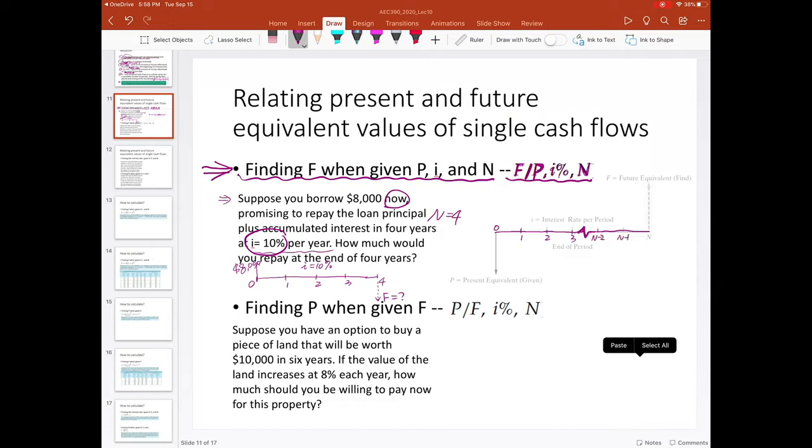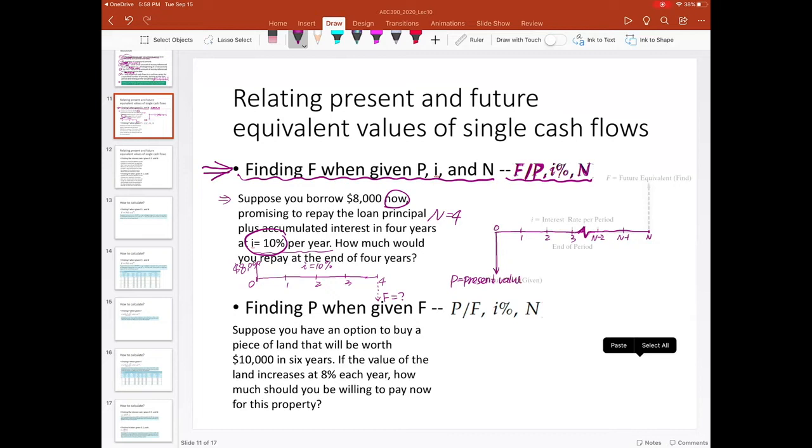And then you hit n minus 2, n minus 1, and then you get the end of the nth time period, okay? So this is a generic time scale. The n could be 5 or 10 or whatever number based on the real case, okay? And then usually this scenario will give you a present value, P, which is given.